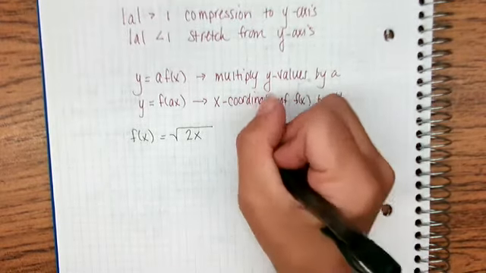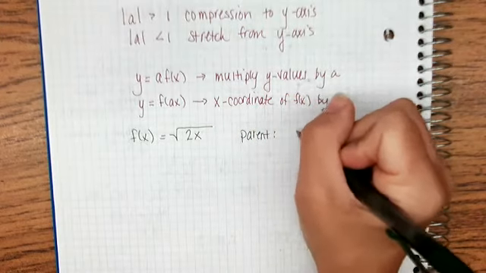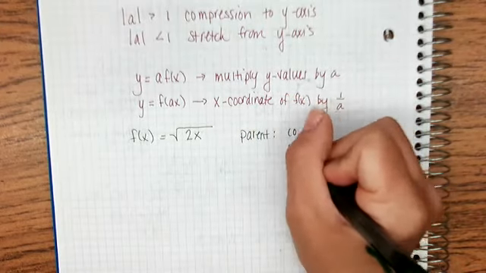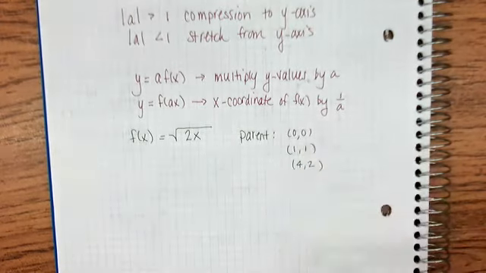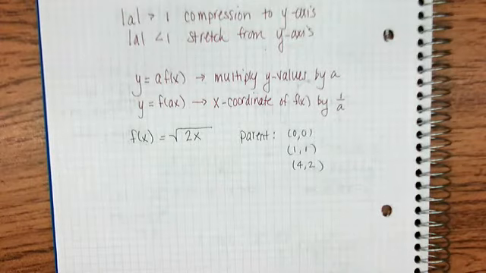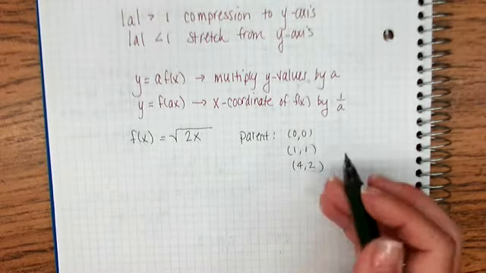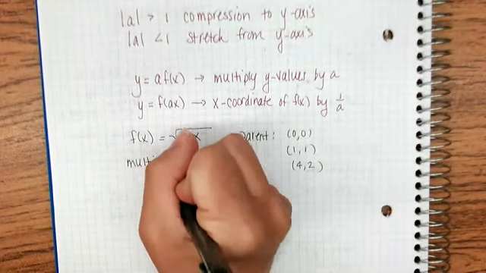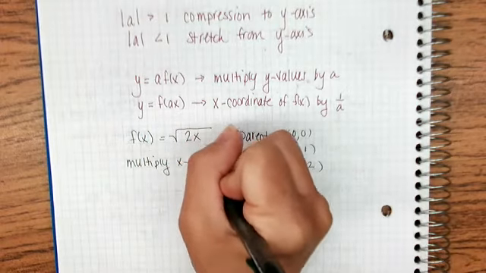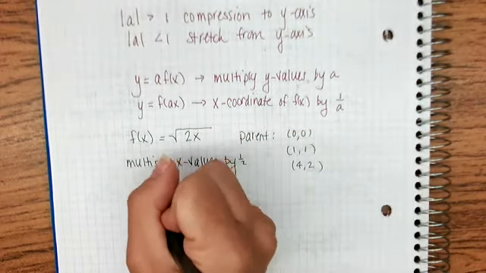Okay, so the parent for a square root: 0, 0, 1, 1, 4, 2. Of course, it goes through 9, 3, and 16, 4, but those generally don't fit on our graph. So for the square root of 2x, we're going to multiply all our x values by 1/2. So 0, 0 stays 0, 0.